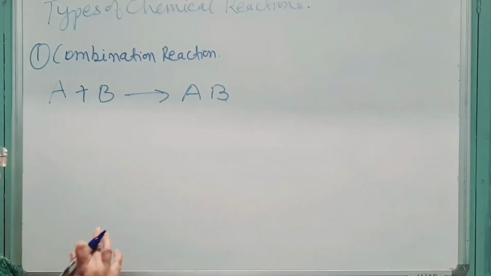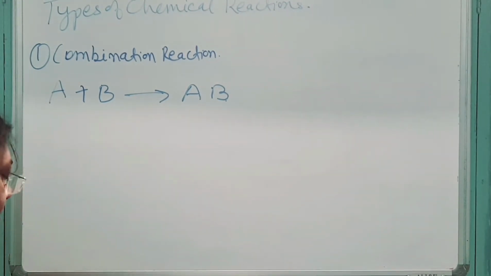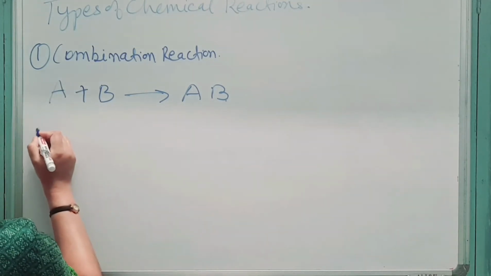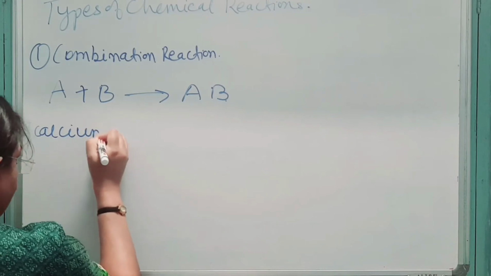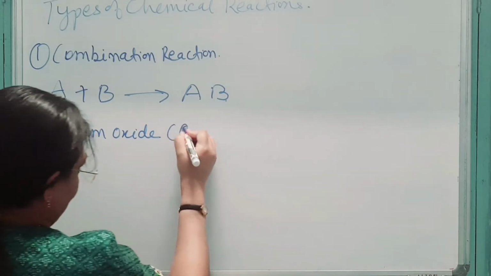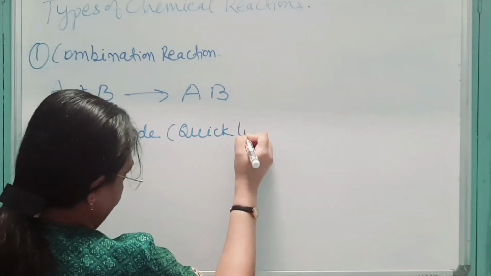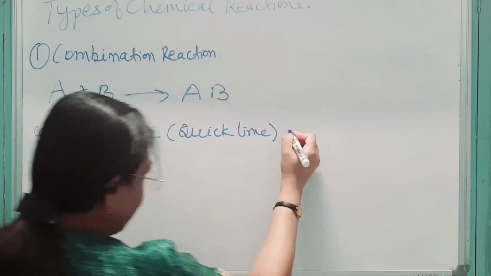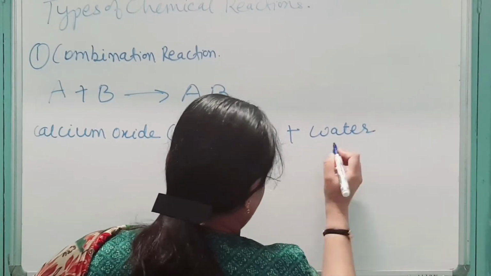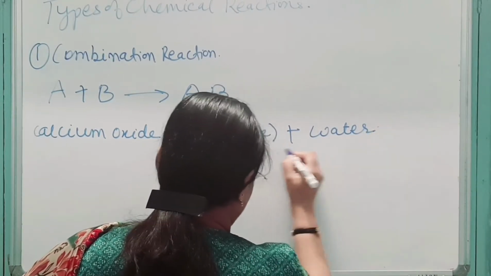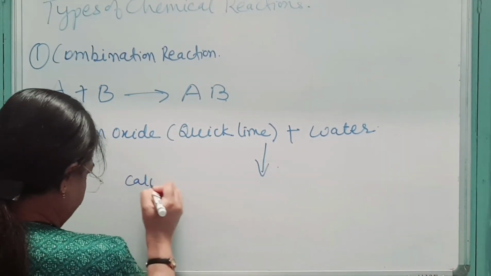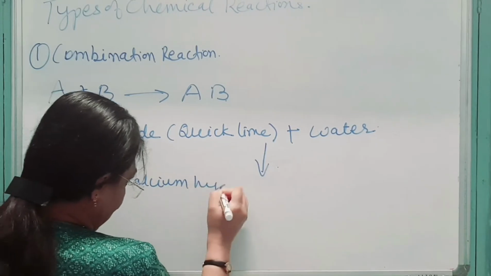We can understand combination reaction with the help of the example of calcium oxide and water. When calcium oxide, which is also called quick lime, reacts with water, it is giving rise to calcium hydroxide.